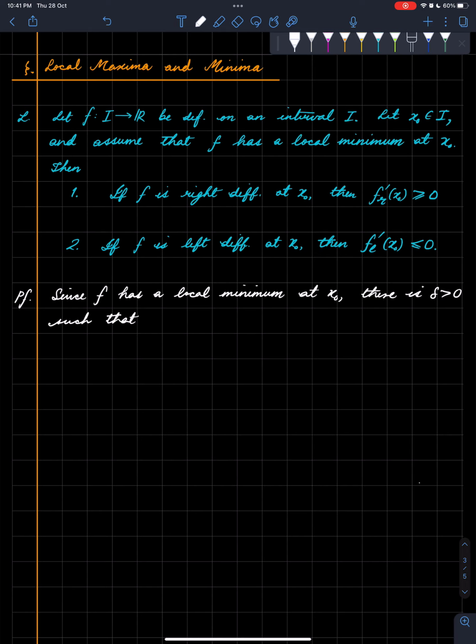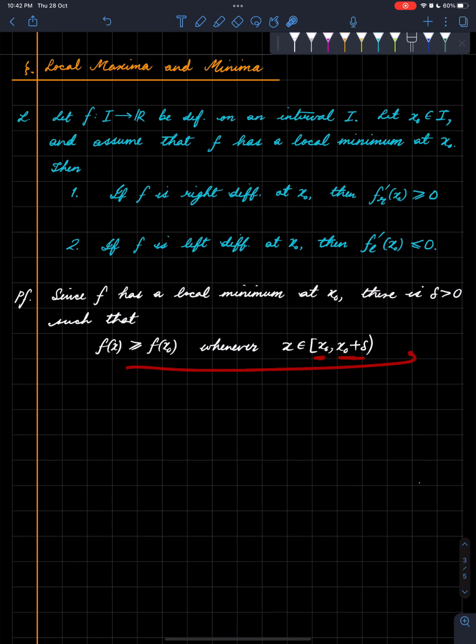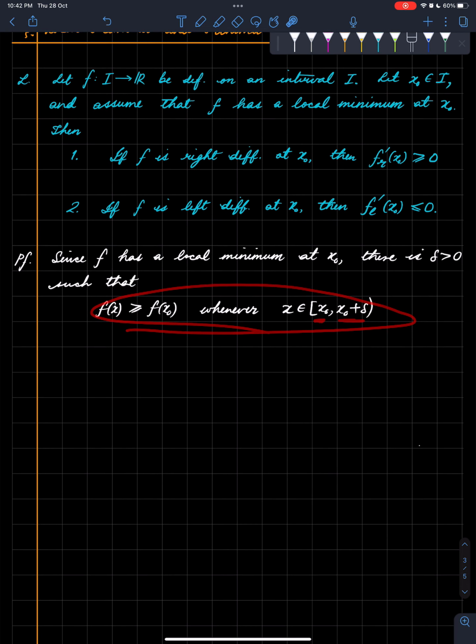Okay, so let me write it. Such that f(x) exceeds f(x naught) whenever x belongs to this. In fact, I could have written x naught minus delta, x naught plus delta also, but let me just write this because this is also true.